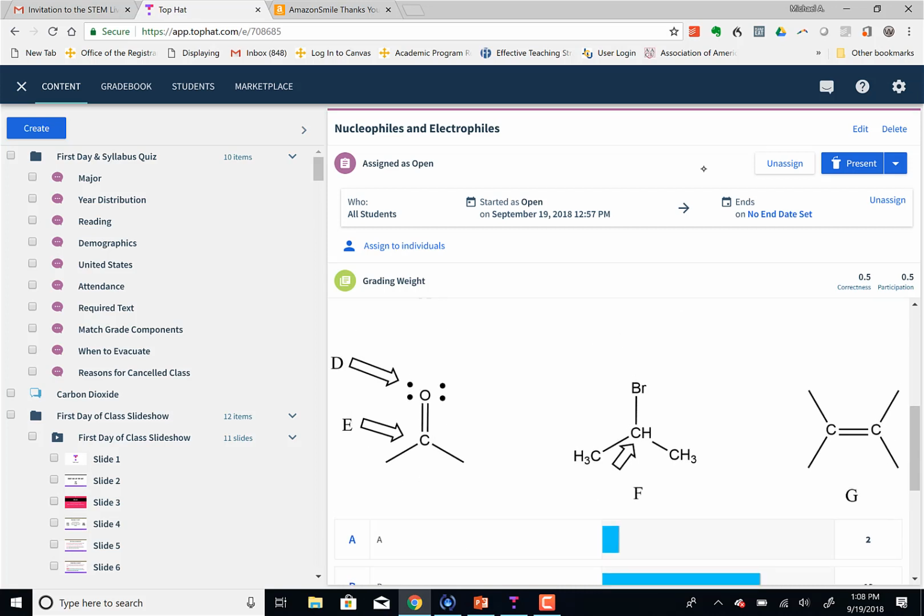Okay, how about the oxygen and the carbonyl? What does everybody else think? Nucleophile, electrophile? Nucleophile. The carbon.